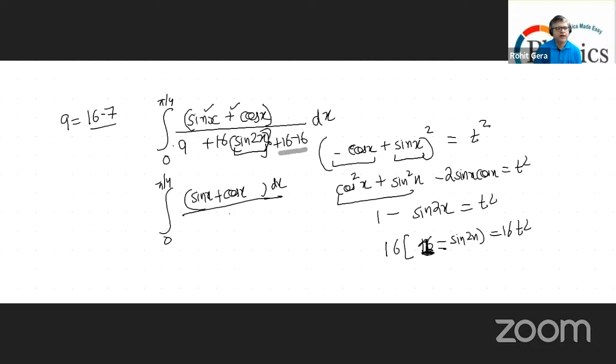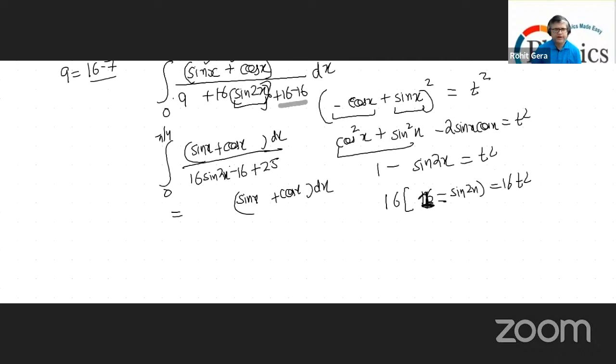And now I'm going to rewrite this as 16 sine 2x minus 16 plus 25, which gives the integral of (sine x plus cos x) dx divided by 16 times (1 minus sine 2x) plus 5 square.